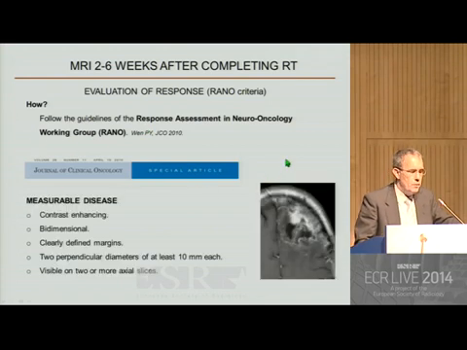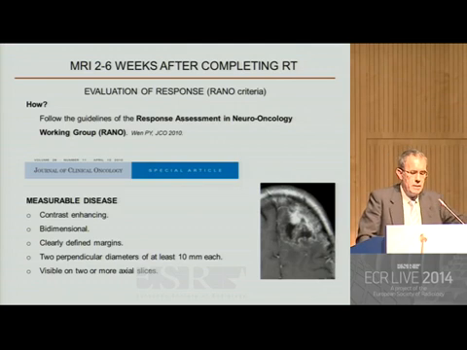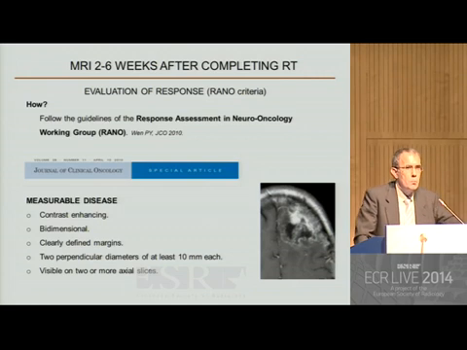The first definition that the group makes is what must be measurable disease. A measurable disease must be a contrast-enhancing lesion, bidimensional, with clearly defined margins, with two perpendicular diameters of at least 10 millimeters each, and visible on 2 or more slices, as is the case in the figure you can see here.